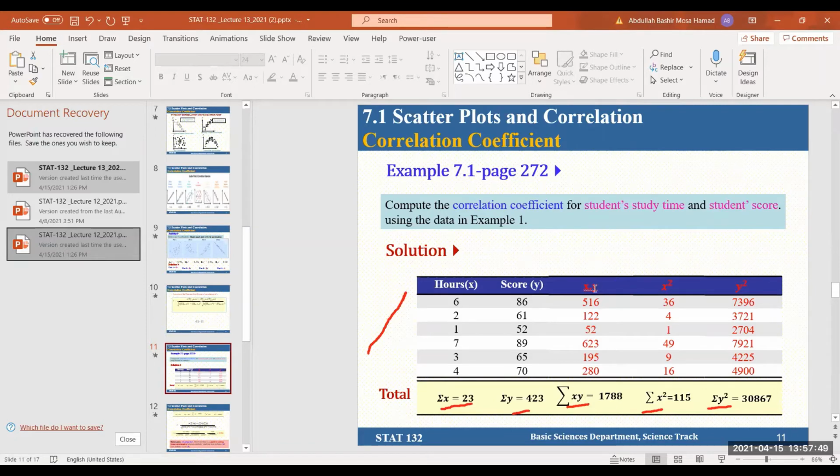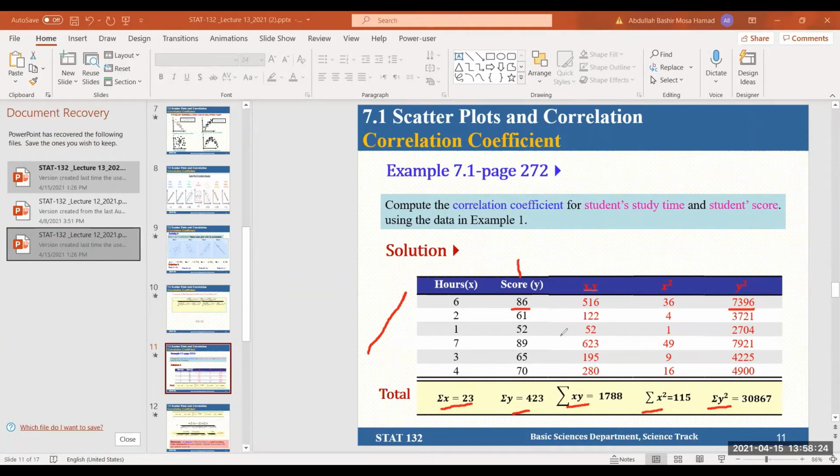This is X times Y. Then we square each value of X: 6 square is 36, 2 square is 4, 1 square is 1, 7 square is 49, 3 square is 9, 4 square is 16. We do the same with the Y values: 86 square equals this, 61 square equals this, till 70 square equals this.